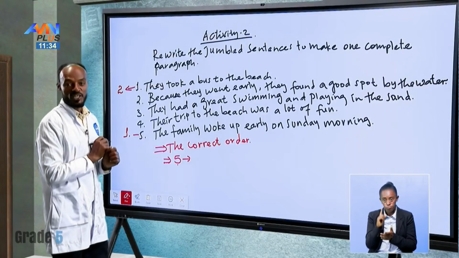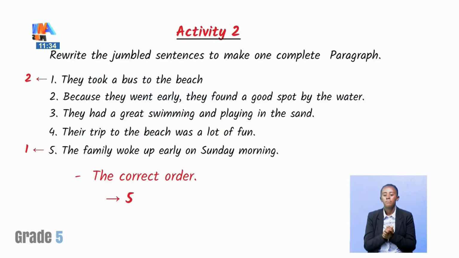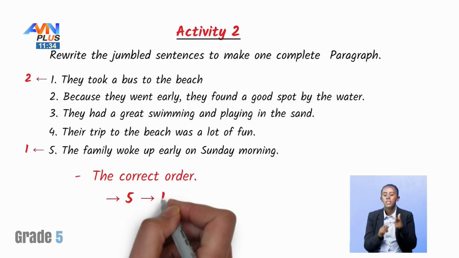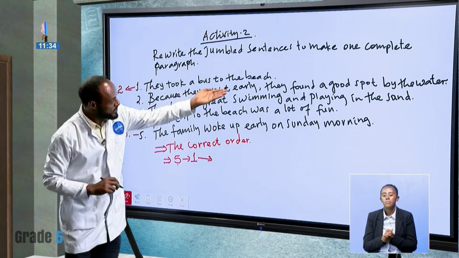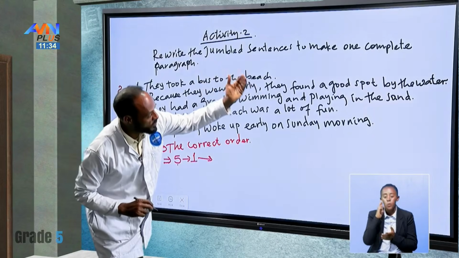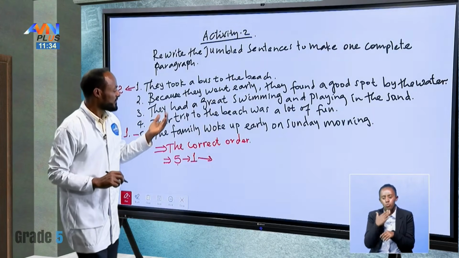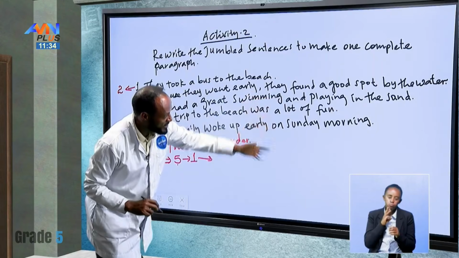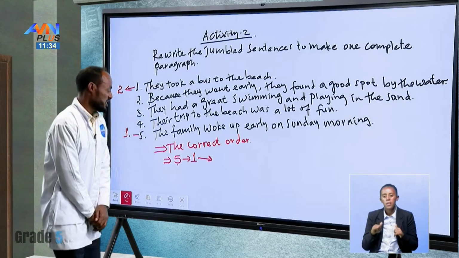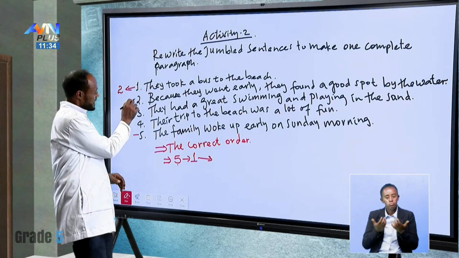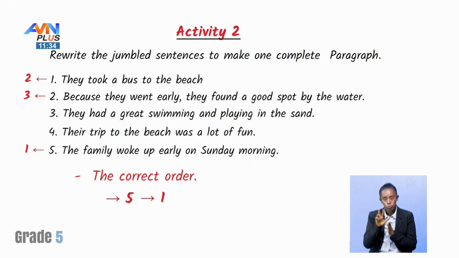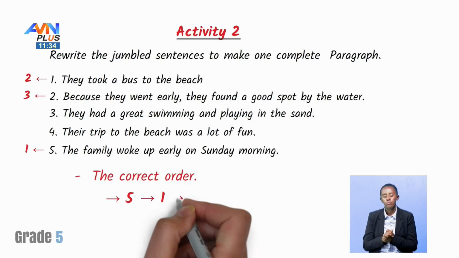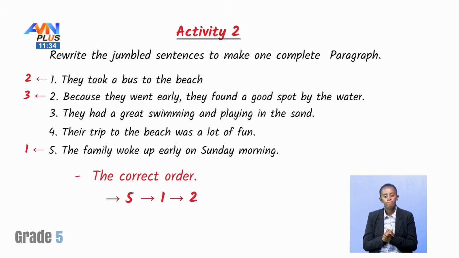So, number 1 is the second. What about the third? The third, because they went early, they found a good spot by the water. They had a great swimming and playing in the sand. So, it should be what? Number 2. This means the third one. Number 2 should be the third.